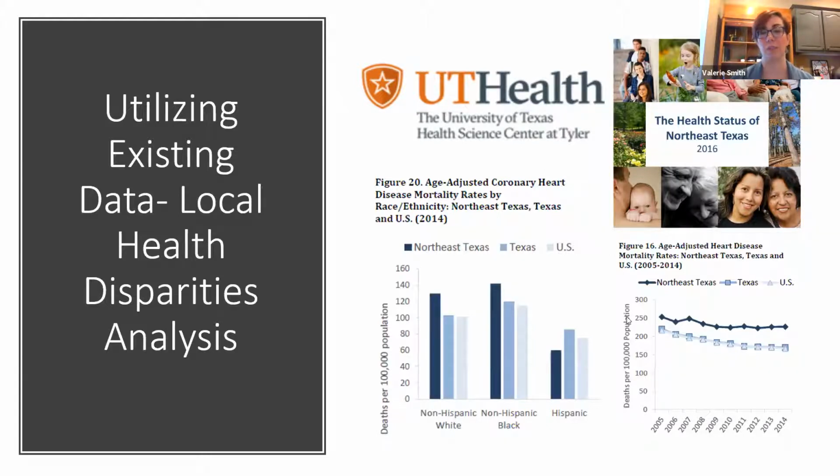And seeing those disparities, both in that our community overall had significantly higher rates than the state and national averages, and then also that we specifically had some disparity there among our Black population.